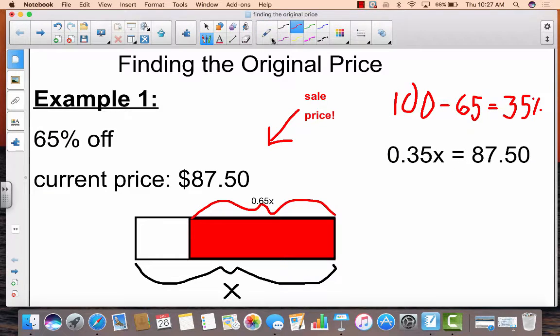And we know that when we're dealing with a one-step equation, in order to solve, I want to get x by itself. So I would divide both sides by 0.35. On the left-hand side, it cancels out. I'm left with x. And then we do the same thing on the right, divided by 0.35. And I'm simply going to divide.